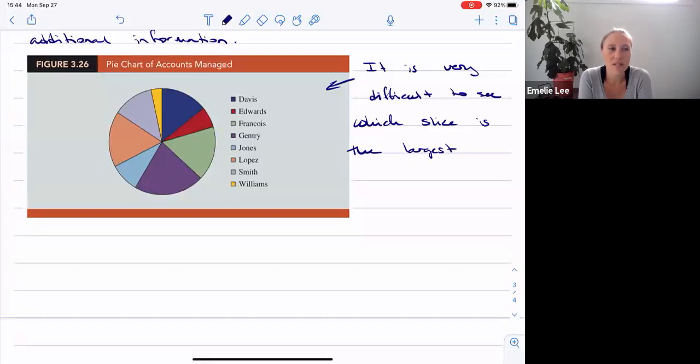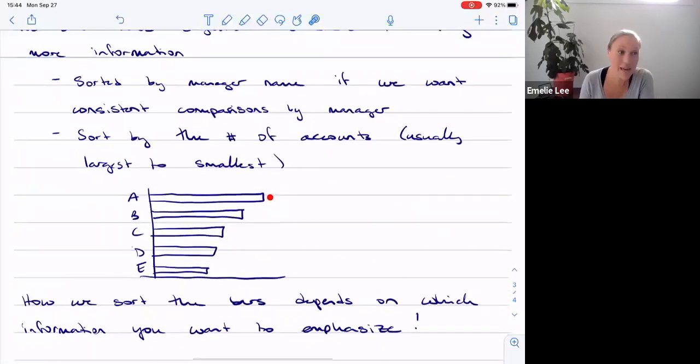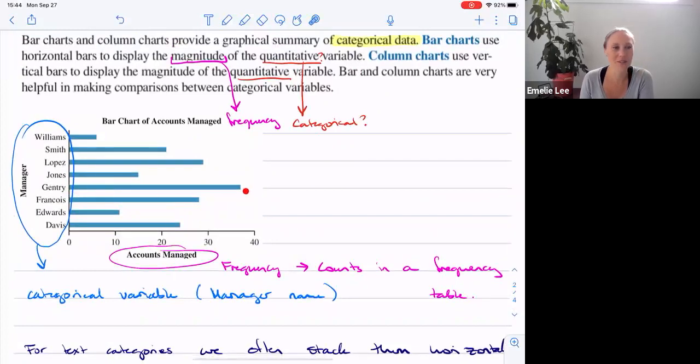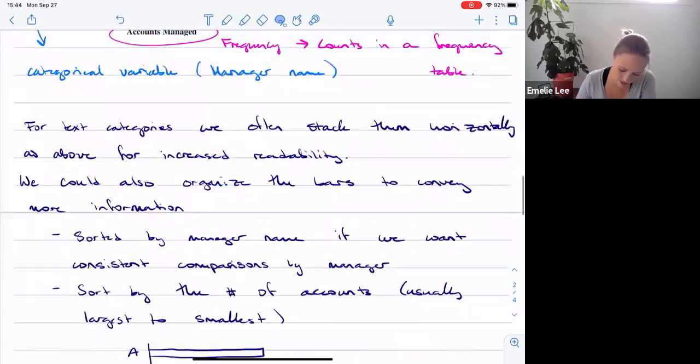If I have to guess, my guess is the purple one, Gentry, but isn't it kind of silly that I have to go to the bar graph to confirm? That's weird, right? So here we go. It's A. No. Phew. But notice that this Gentry manager did have the highest number of accounts.